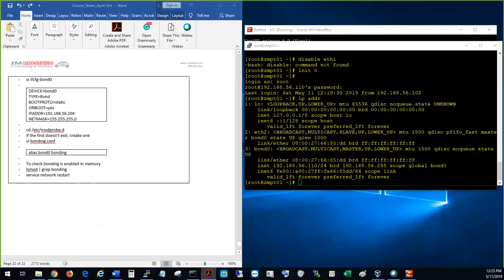Zafar, I have a question in general for this IP address, picking up the IP address. You mentioned that our router is using 104 somewhere. But this subnet, 56.1.110, it is not coming from our router, it is coming from VirtualBox or maybe a virtual router in the VirtualBox, right?